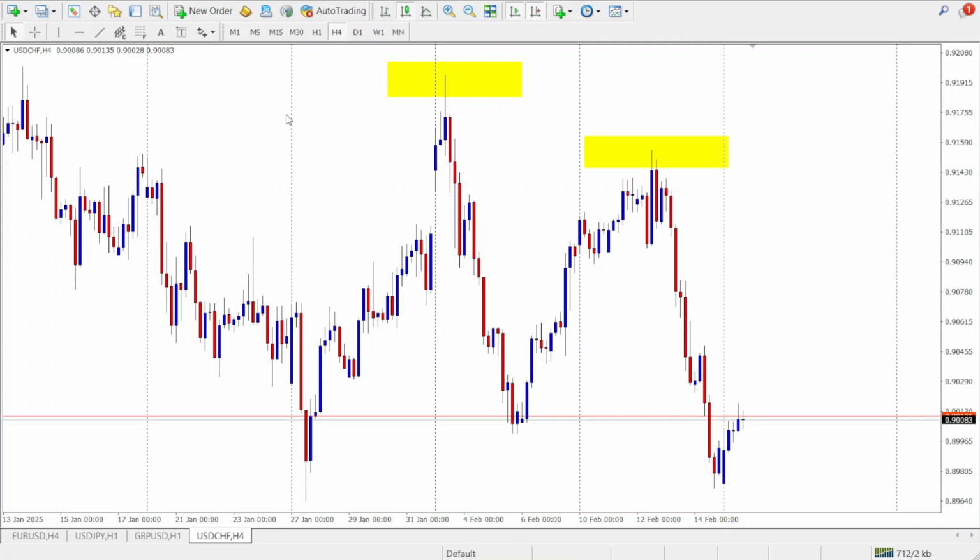Smart money pays attention to those levels. Those areas are important areas.